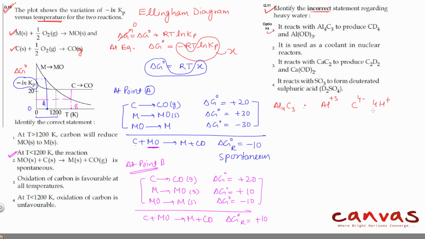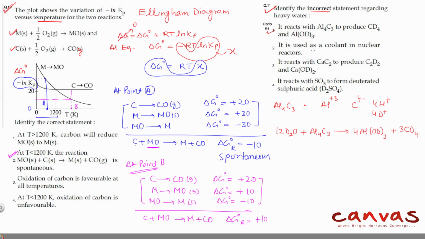That may be 4H positive or it may be 4D positive. So the reaction with heavy water will be 12D2O plus Al4C3 gives you 4 aluminum deuteroxide and 3 CD4. Okay, so this is correct, the first option. I mean, not the incorrect one. This reaction does take place.